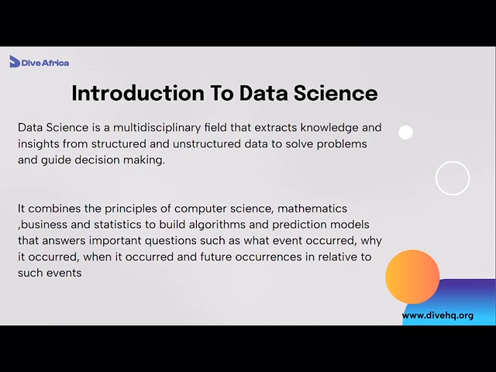Example, between February and June. You have a time frame, so you know that when we get to February to June, in a certain period in the future, this and this will happen if these circumstances are put in place. So these are things data science helps you do in any industry you find yourself.